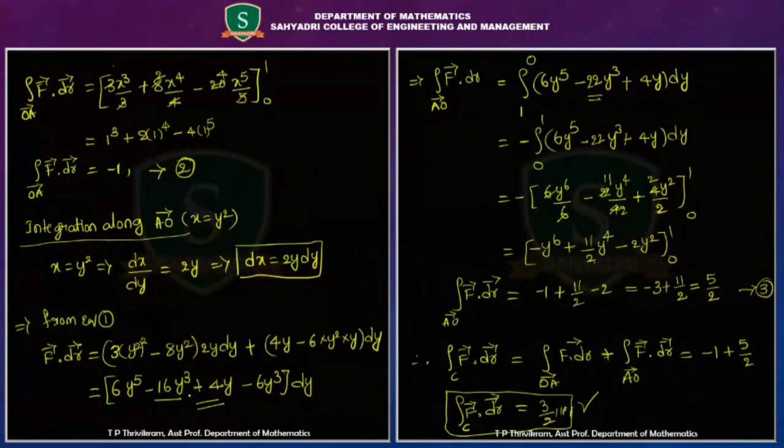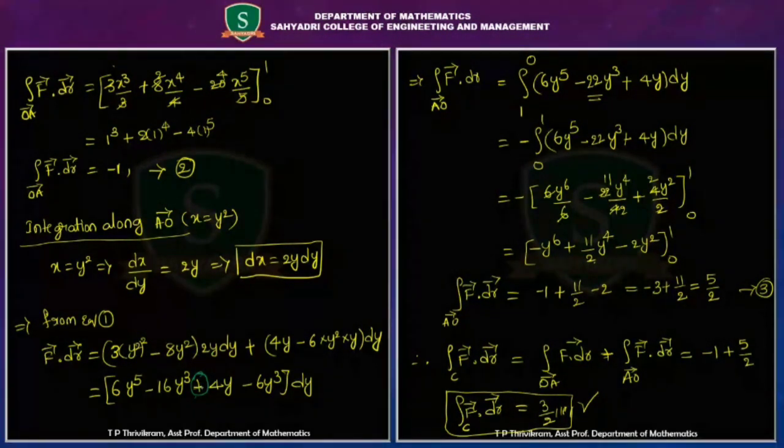Clear? So I will change the ink so that you'll get clarity in this. What I did is, here it should be plus. Previously I had taken minus here, so that's why I got the wrong answer.